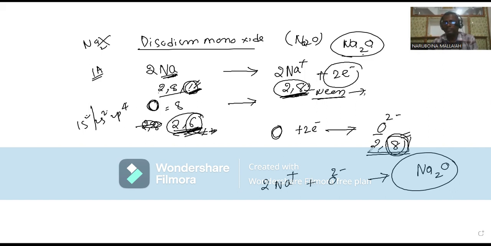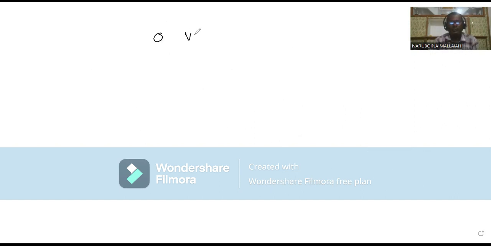That means this is the configuration of neon. So oxygen is also getting the configuration of neon, and sodium is also getting the configuration of neon. In this way, both atoms become stable. So this is all about ionic bond. Oxygen belongs to 6th A group, or you can say 16th group.